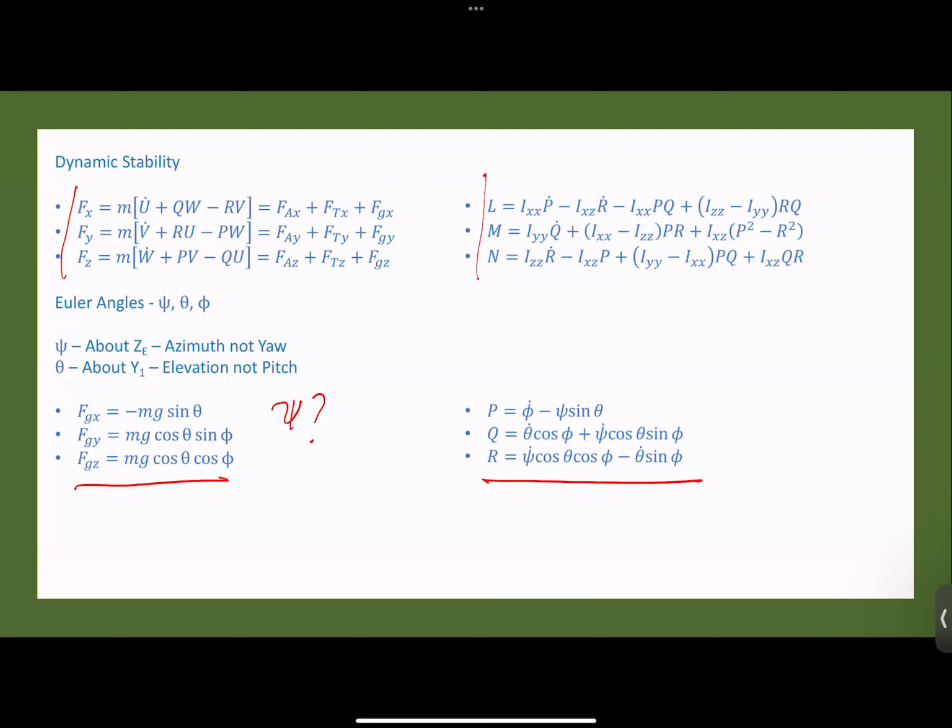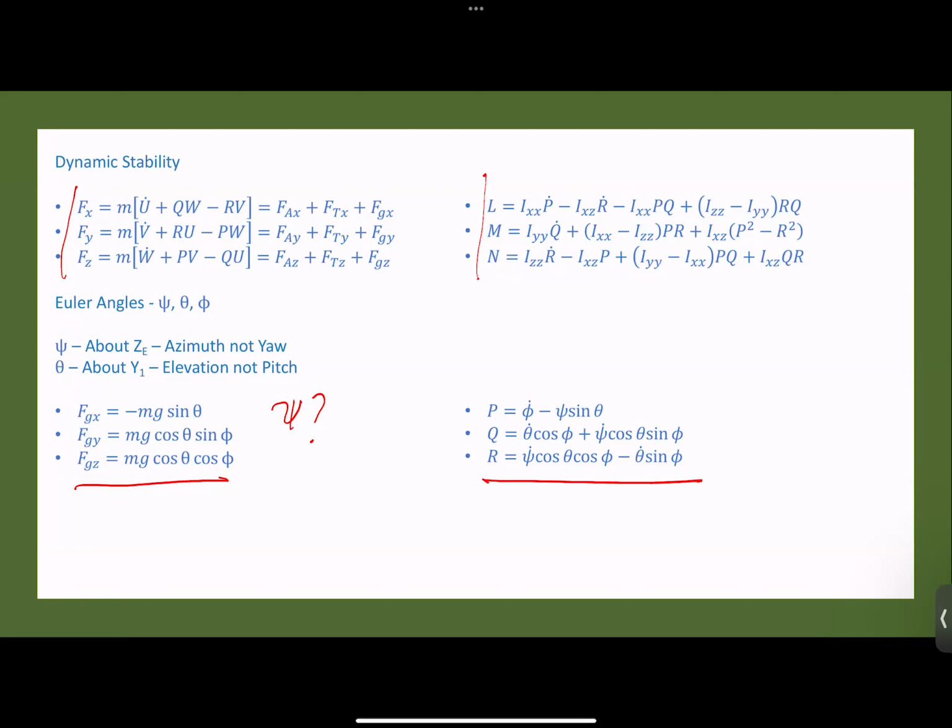Is that helping? How is the weight of the aircraft depicted? Vertically downward, right? So if it's vertically downward, will psi come into play? What is psi?